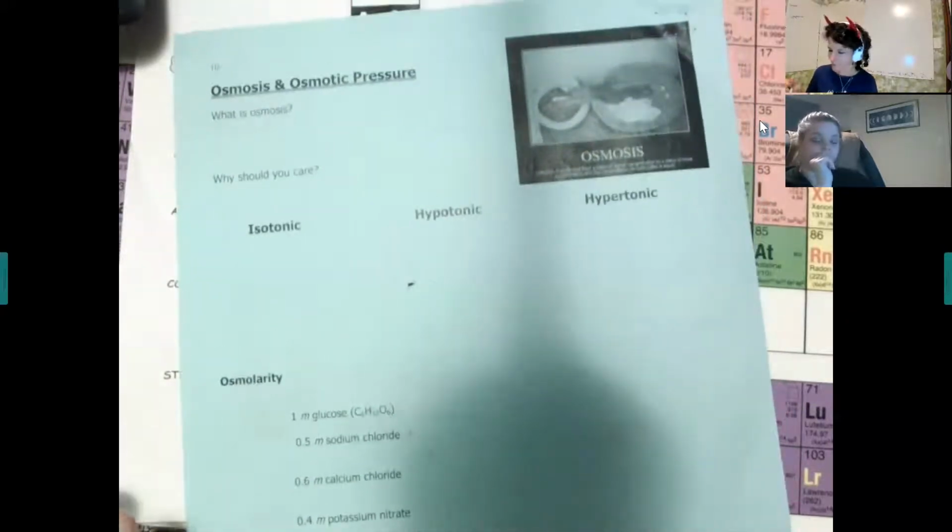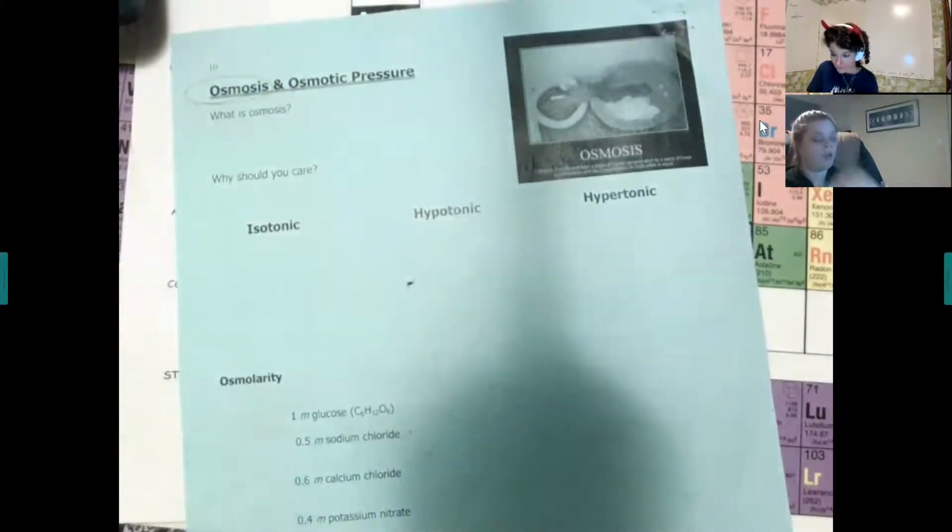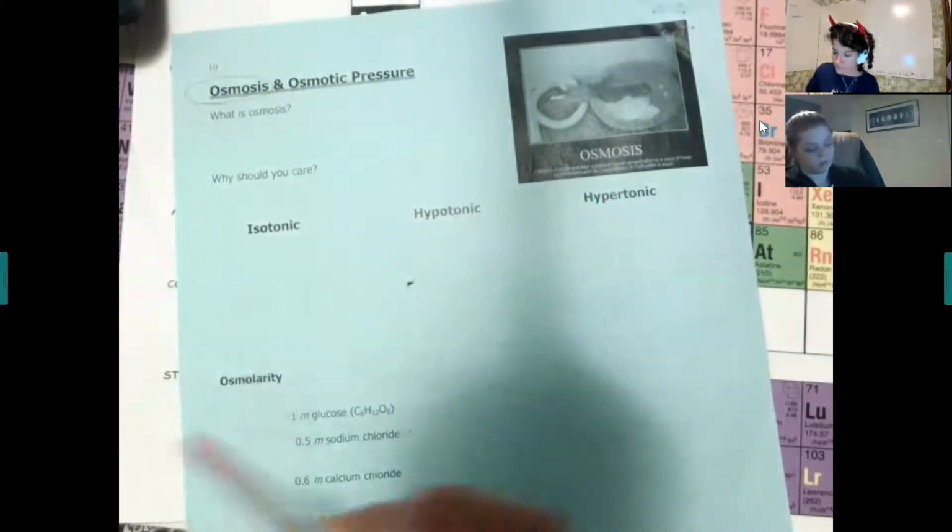This is why we're doing this, is osmosis. And if you take biology, or when you take biology, you'll also talk about osmosis. Osmosis is the movement, and this is the key, of solvent. The solute doesn't move. It is the solvent that moves.